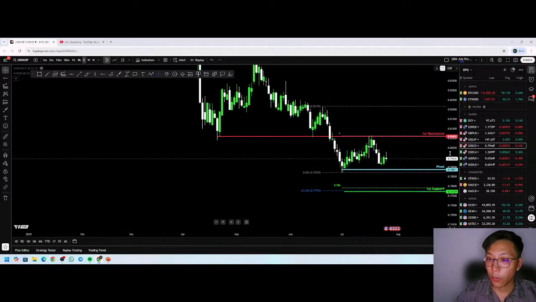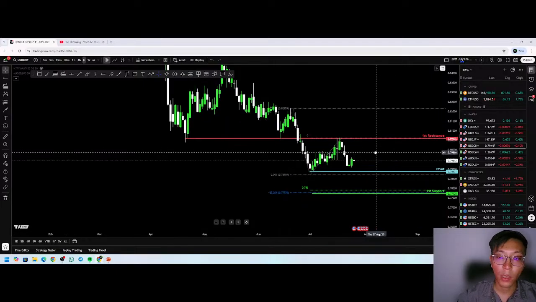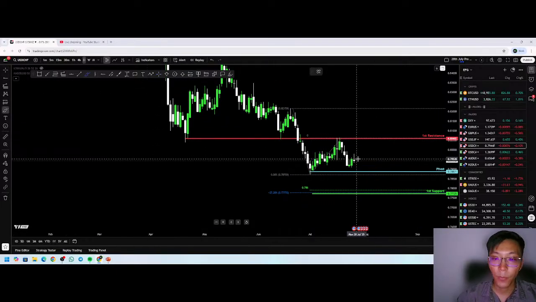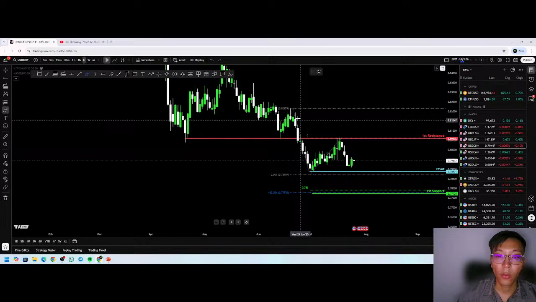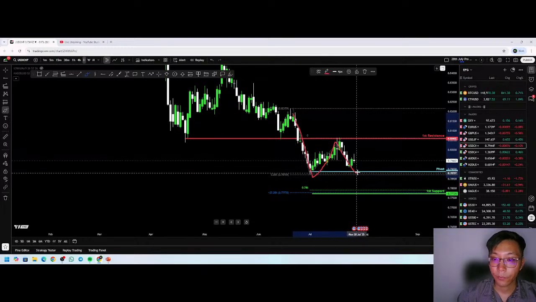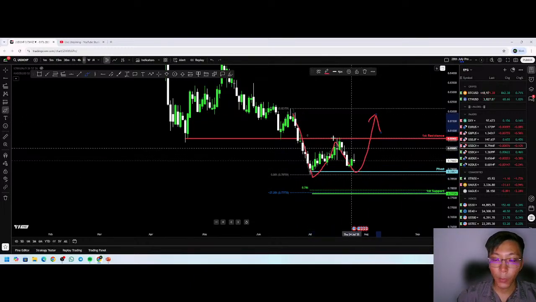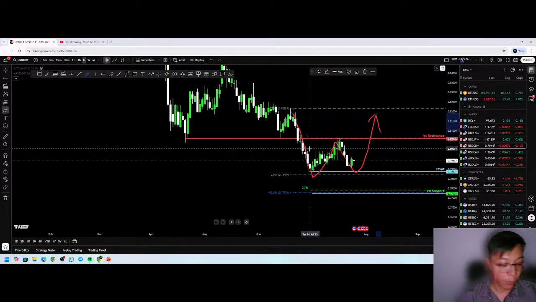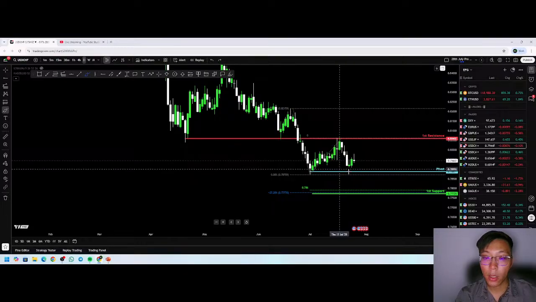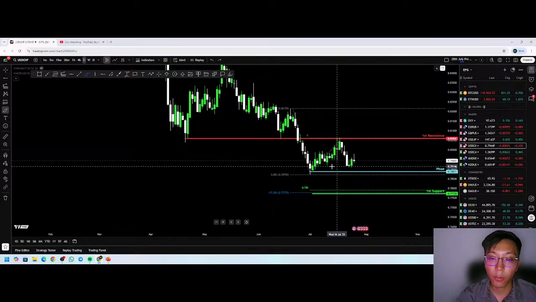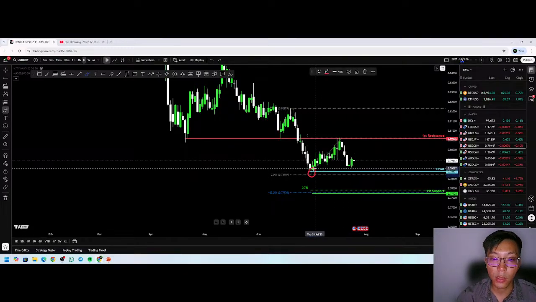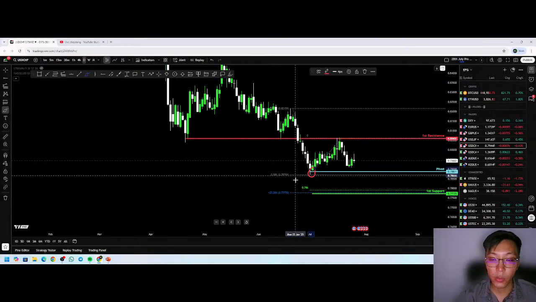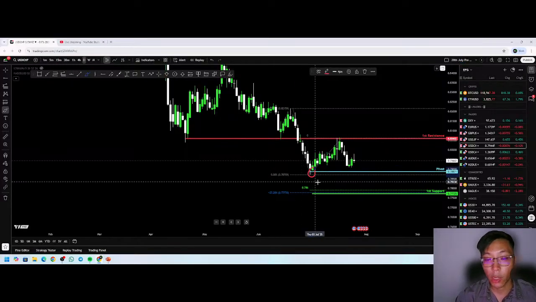And then for this pivot point, what we are looking at is a possibility of a pattern like this, right? Looking at a double bottom right here. Why is that so? Because price actually failed to take out this low, this previous swing low support level right here.